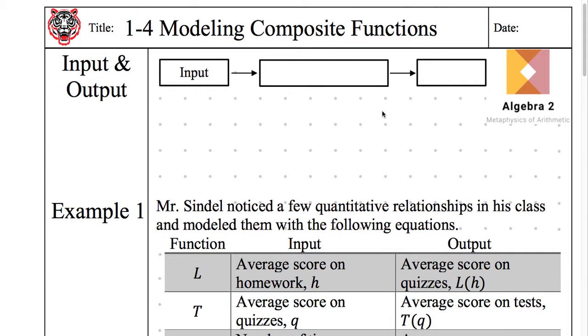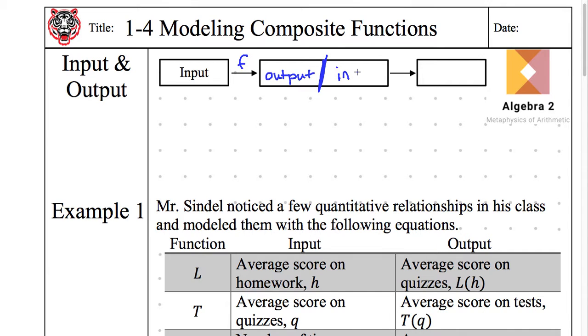All right, so let's talk about input and output. If I have an input and it is transformed by some function, I'm going to call this function f. Write this down. The function f takes that input and gives you an output. That output is now going to be the new input.